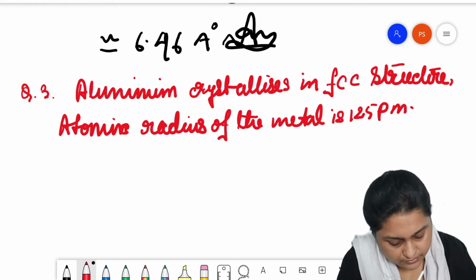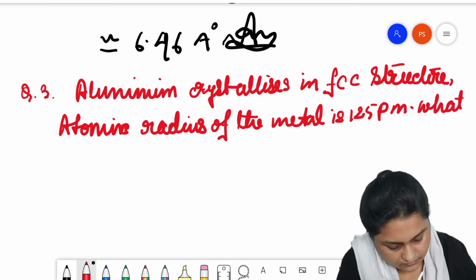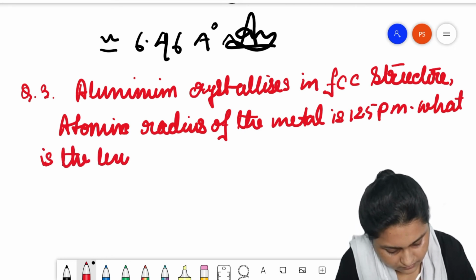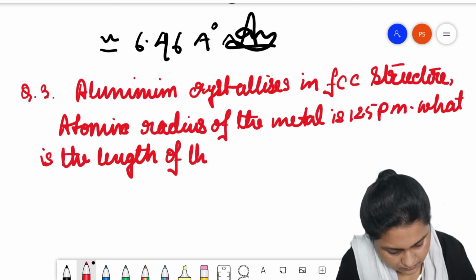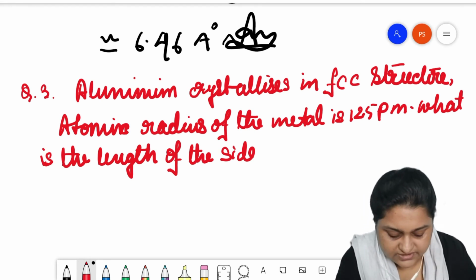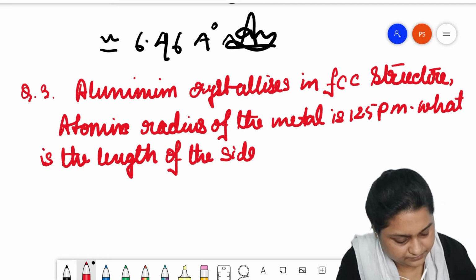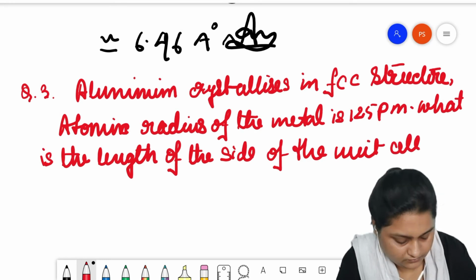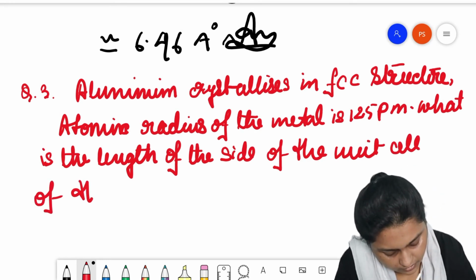What is the length of the side of the unit cell of the metal?